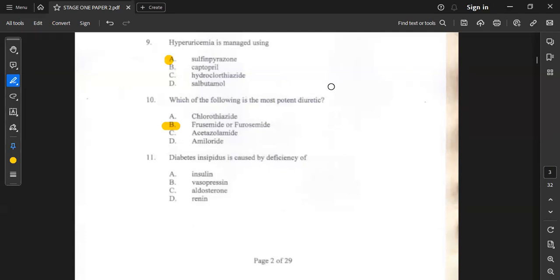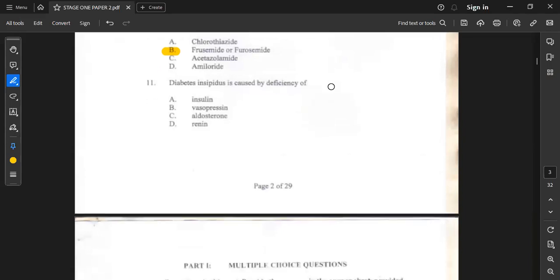Should we go to the next question? I think we've just covered diuretics when we were explaining hypertension, so we can move.